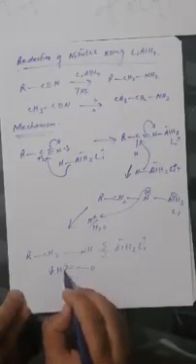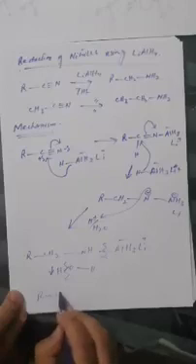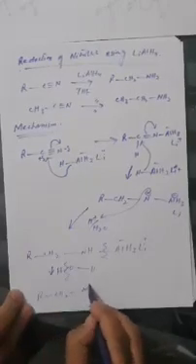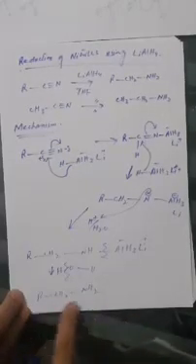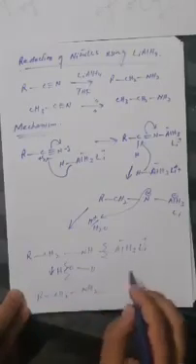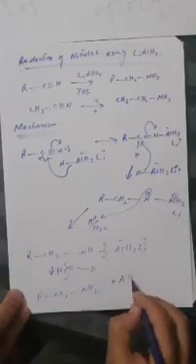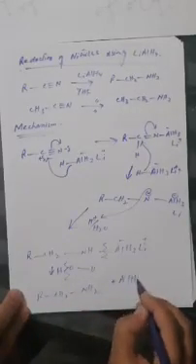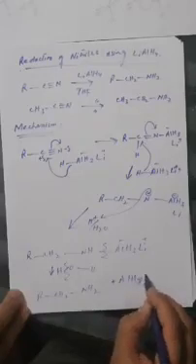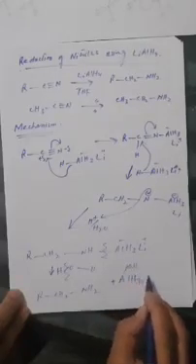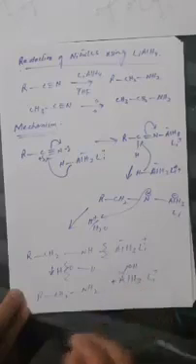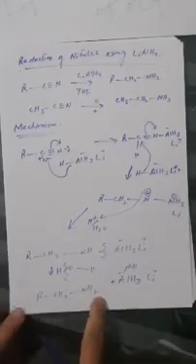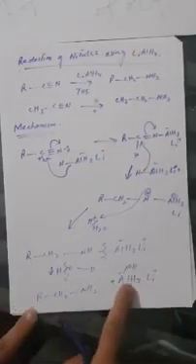This bond breaks here and this bond also breaks from here, and finally you get amines along with the formation of aluminium hydride.